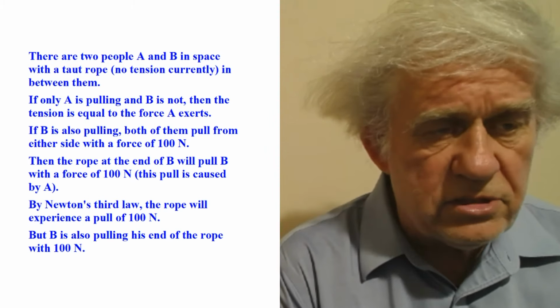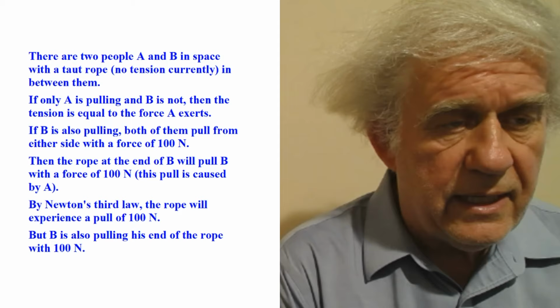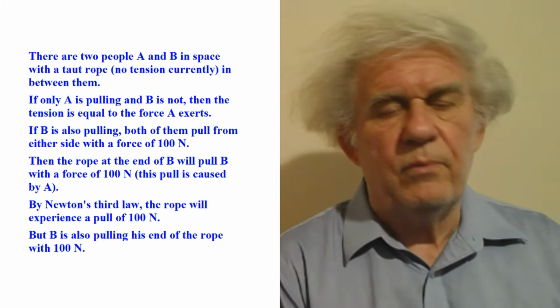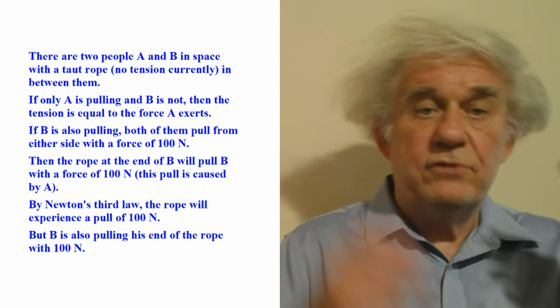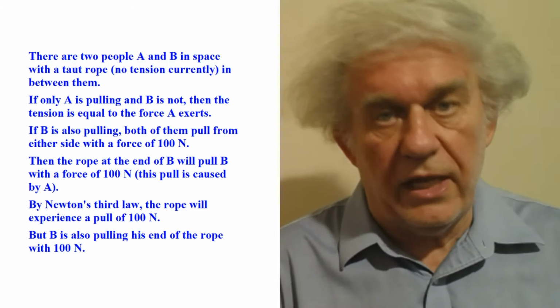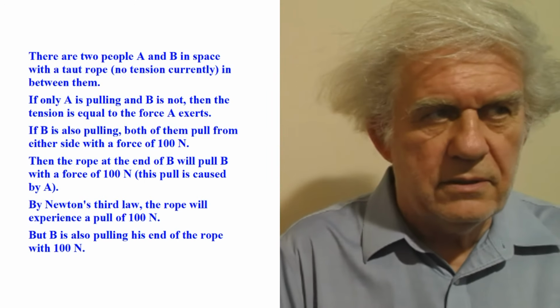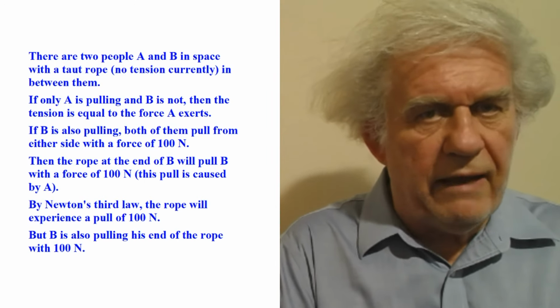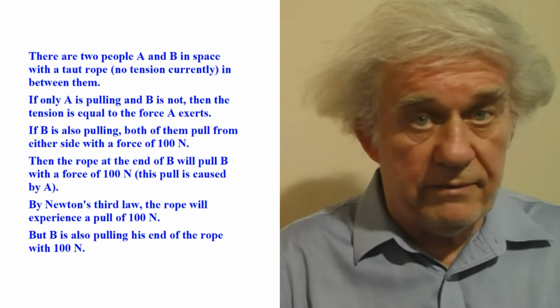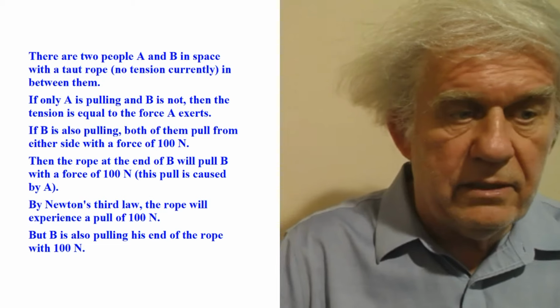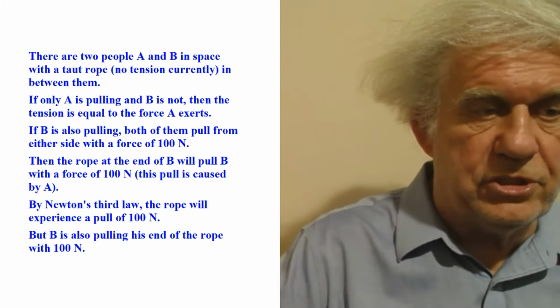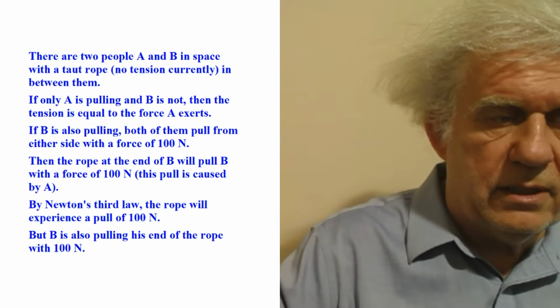But B is also pulling his end of the rope with 100 newtons. So I guess we have 200 newtons of force, not of tension, of force. So whenever you pull, if you still haven't finished stretching whatever you're stretching, then we have pull. We don't have tension. So far we have no tension.